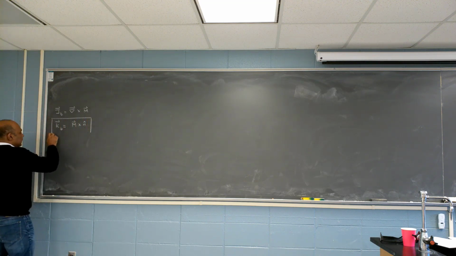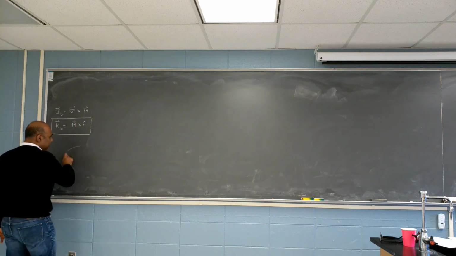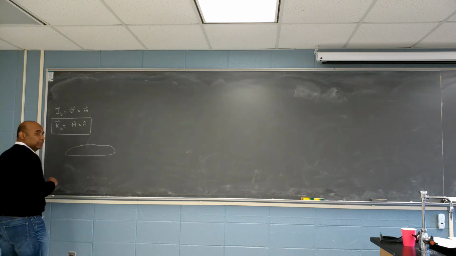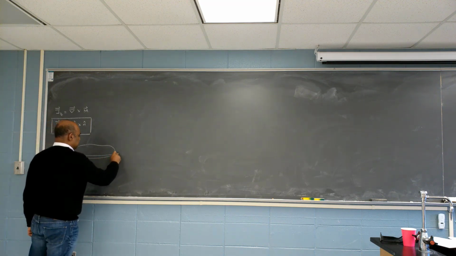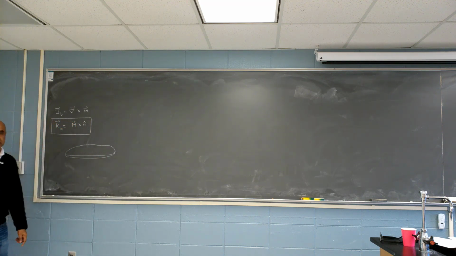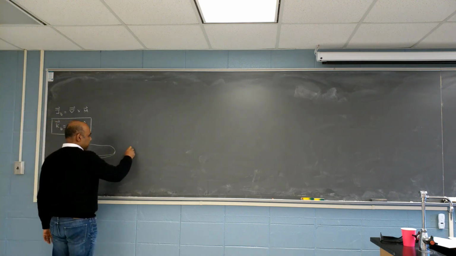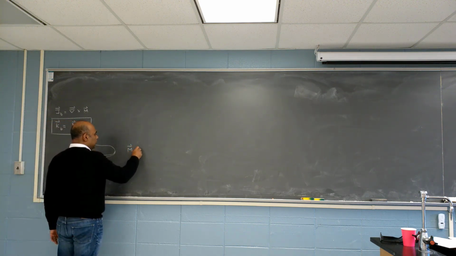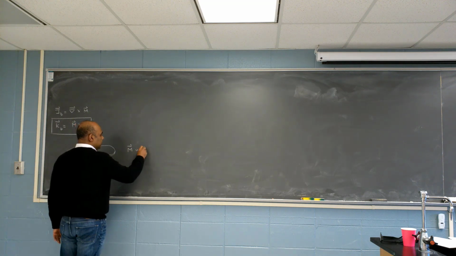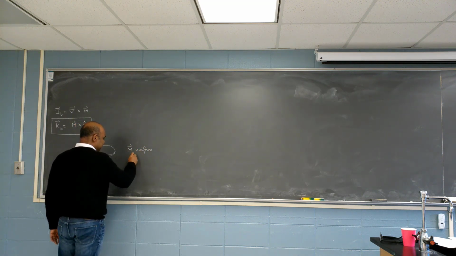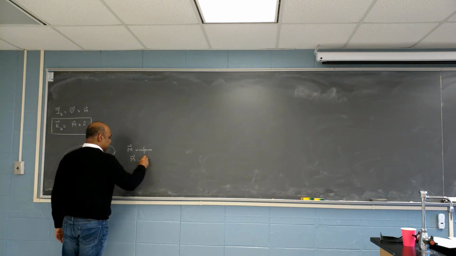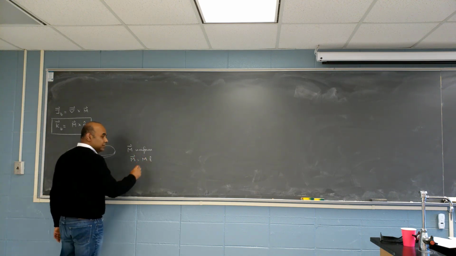So let's consider a slab of magnetic material. And to show that it's a slab, I'll draw that. Okay? And consider for the moment M uniform. In fact, let's make this Z hat.